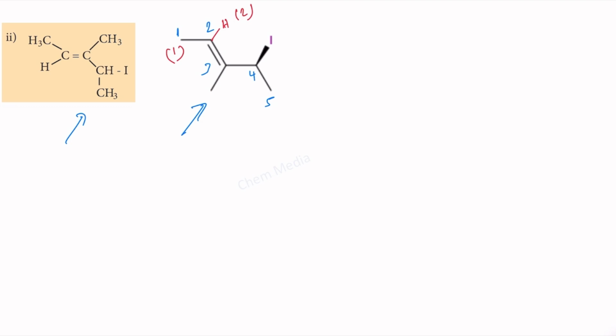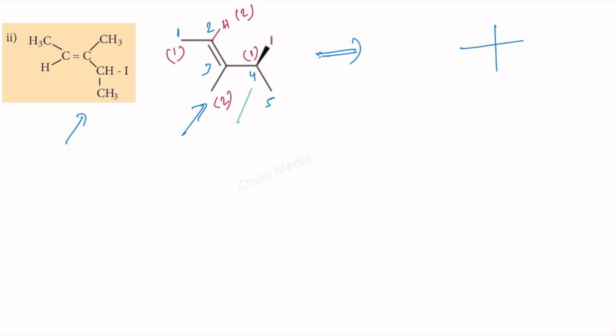So this is 2. On this side, we have a methyl group that gets 2 because this carbon is attached to an iodine, plus we have a hydrogen and we have another carbon atom. Therefore, this gets the top priority. So our priorities are on the opposite side.